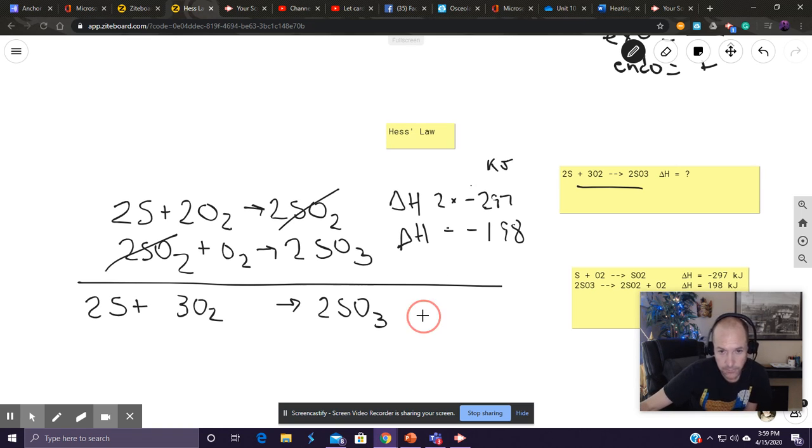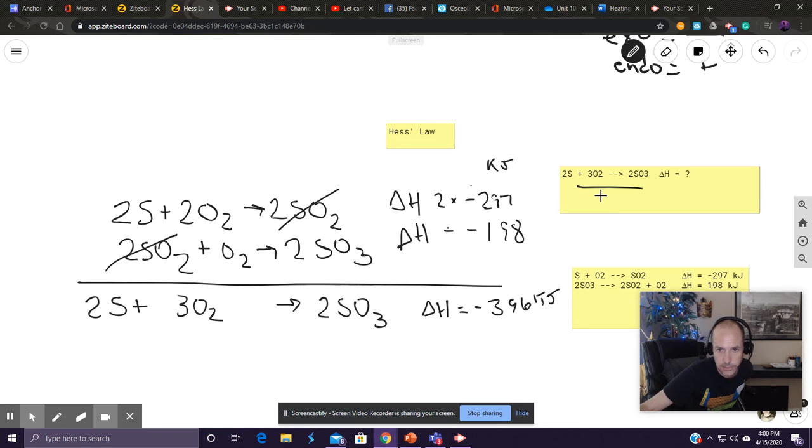And my answer for my delta H is going to equal negative 396 kilojoules. Okay, so that is how you solve a problem using Hess's law.